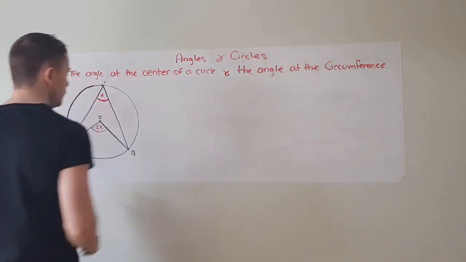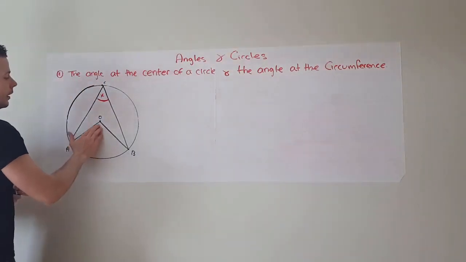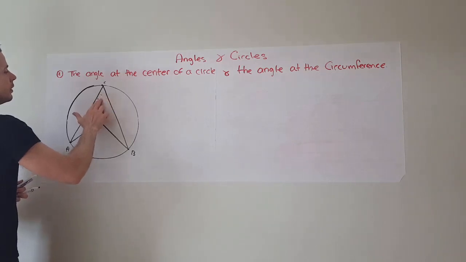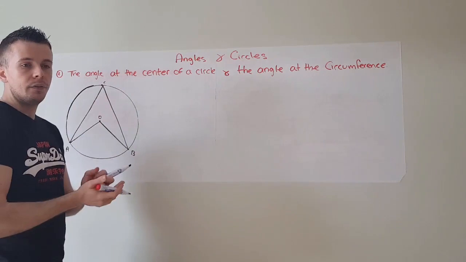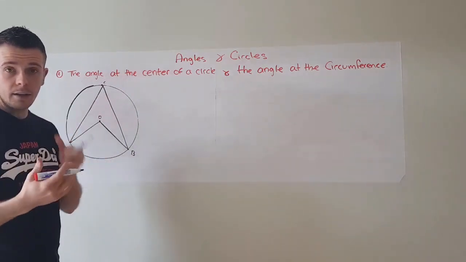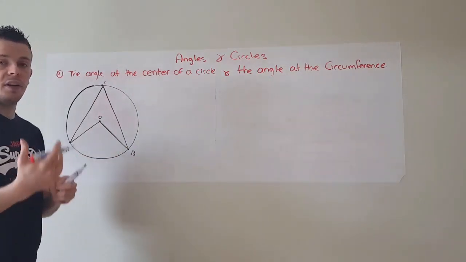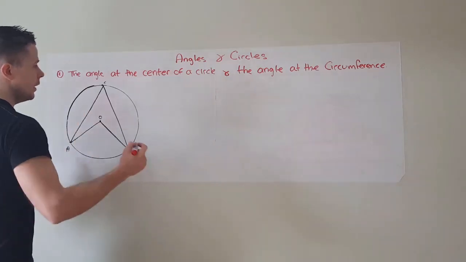So how can we prove that? As we were finishing up the last one, we were able to solve it because we had formed isosceles triangles, and a lot of these will rely on us creating isosceles triangles to solve the questions.